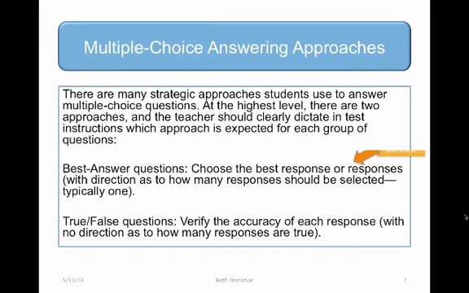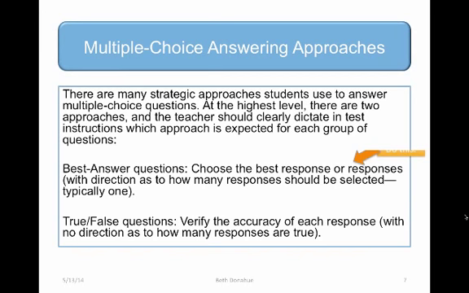When we talk about question types, I think it's important to start with the idea of answering approaches. And you can imagine that across students, there are hundreds of strategic approaches that they take to answering a question, whether it's a multiple choice question or a constructed response question.